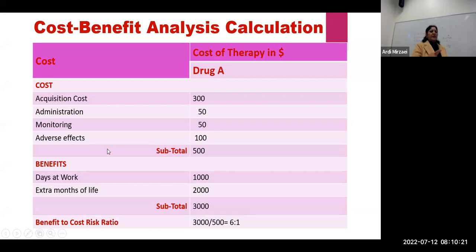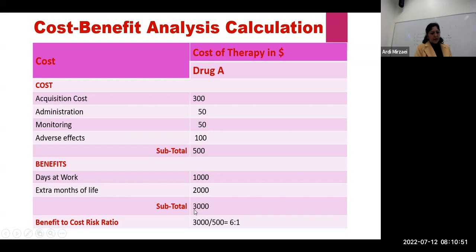So please work out this problem, cost benefit analysis. You can work this out. Just like the previous case, the cost of the drug A treatment would be acquisition cost, administration cost, monitoring, adverse effects, etc. It is coming to $500, and the benefits, days at work, are calculated as $1,000, and extra months of life calculated in terms of money as $2,000.